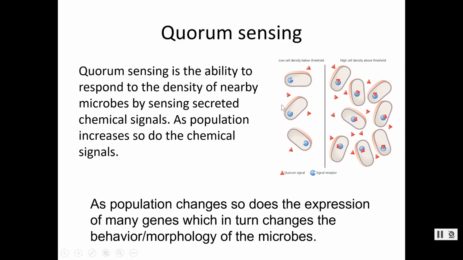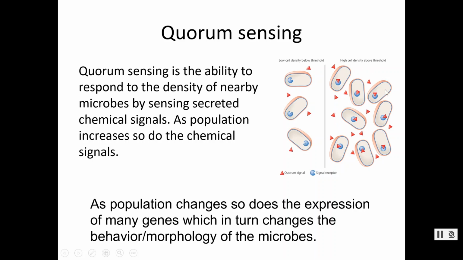So here is a low dense population, just a few microbes, and they're secreting their signals. Now, each one of these bacteria also have receptors, and that's what's present here inside. They also could be external on the outside of the membrane. But each one of these bacteria also have receptors. And as there becomes more signals, there's more chance that this receptor and that signal will come in contact.